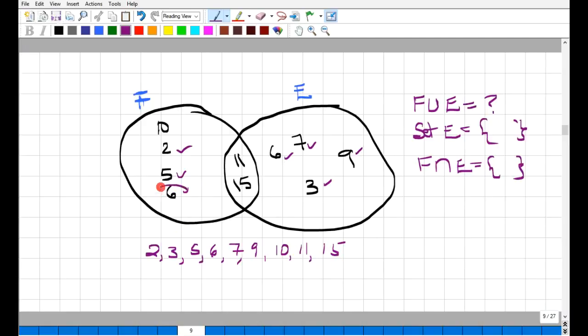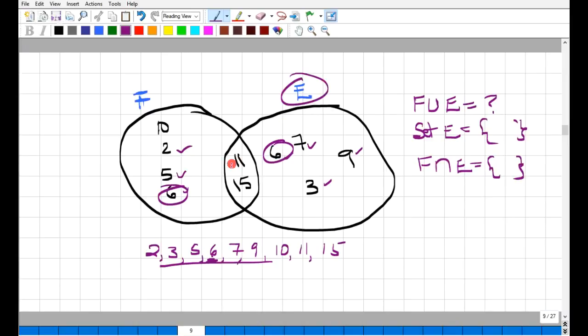So we had 6 over here and 6 over here, so why didn't we write it twice? Because once it's in the universe, we only need to write it once. Yes, sir.